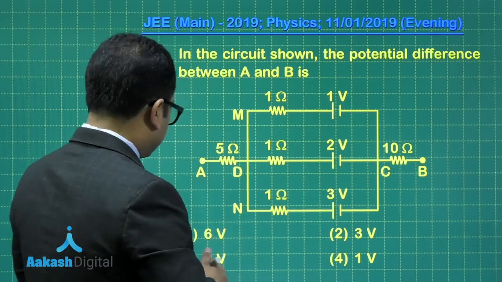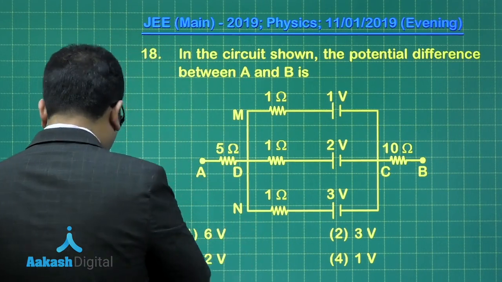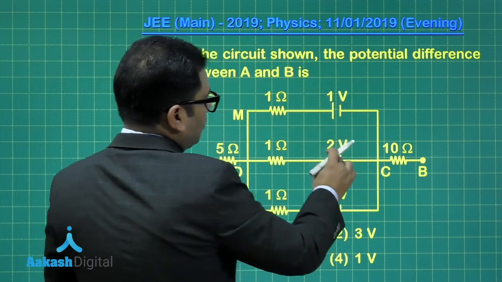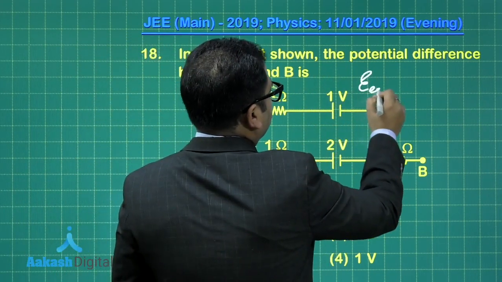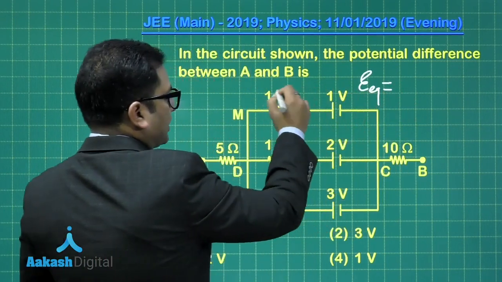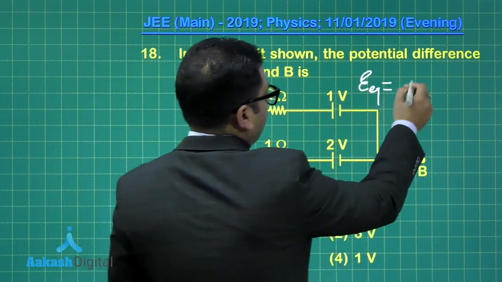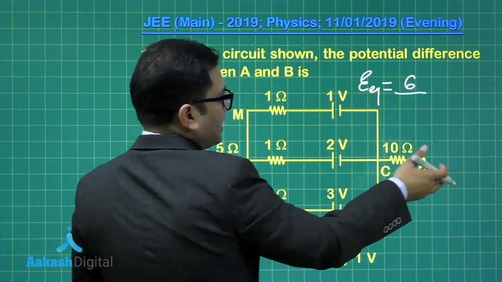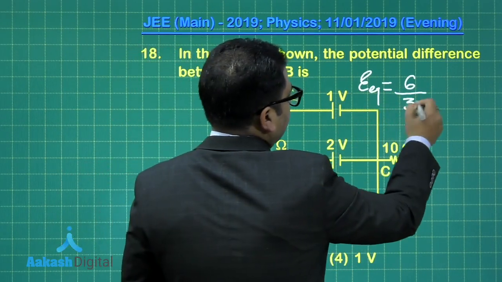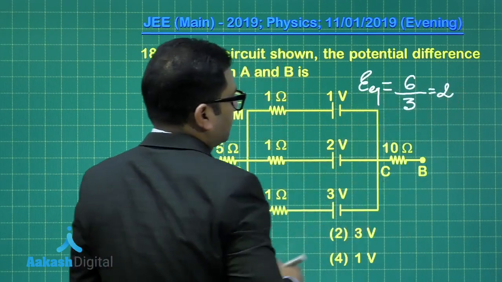So now what we'll do is use the concept of E1 by R1 plus E2 by R2 plus E3 by R3, that's very straightforward. E1 by R1 plus E2 by R2 plus E3 by R3 is going to be 6, divided by 1 by R1 plus 1 by R2 plus 1 by R3, that's 3, and that comes out to be 2 volt.